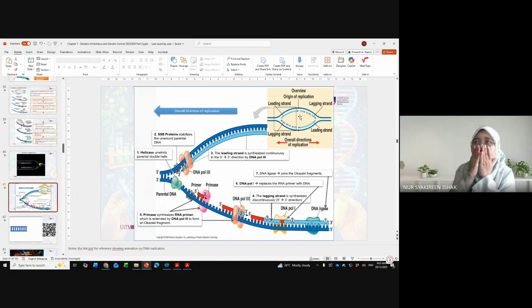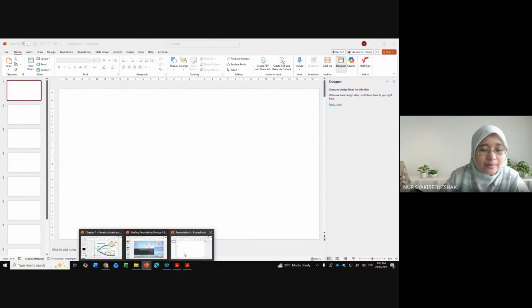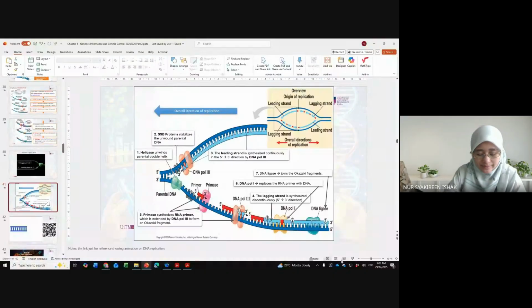Would anyone try to explain kenapa? Any volunteer? Kalau boleh explain tu, then you know why the lagging strand is synthesized in fragments. Kenapa agaknya the lagging strand are synthesized as fragments?